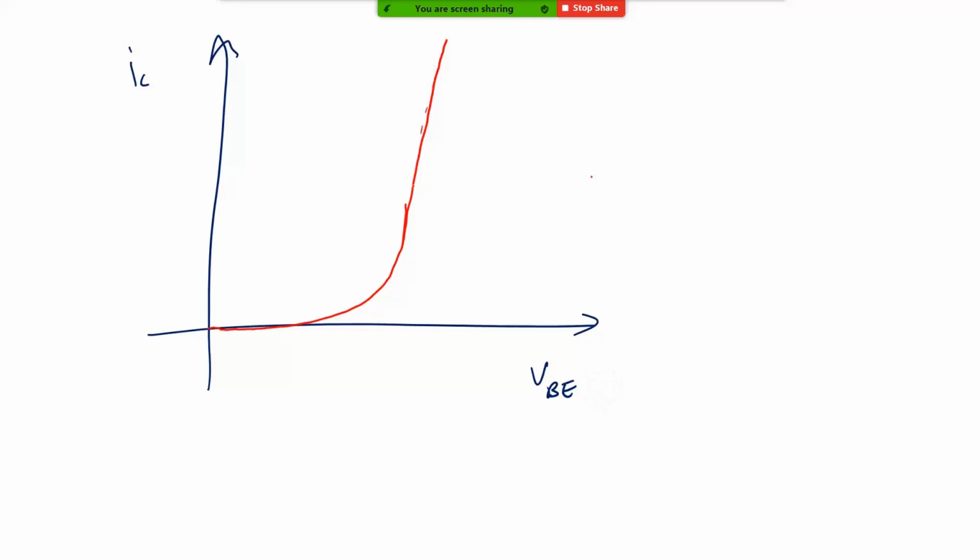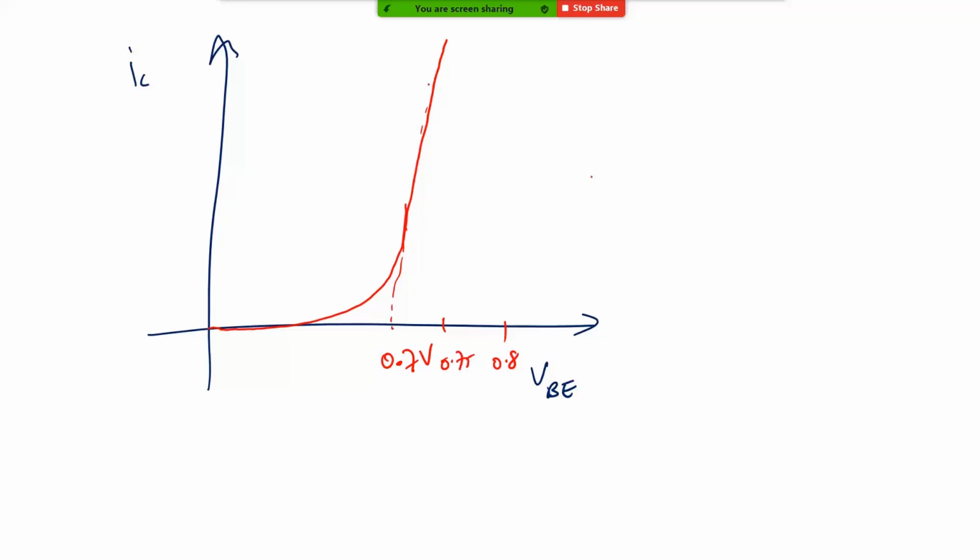Now the thing is, this range is typically, let's say, 0.7. Now your question is, what happens, let's say this is 0.75 and let's say this is 0.8. Your question is, what happens if I overdrive it? Now what will happen? If you look at this response, it's kind of going beyond the screen.